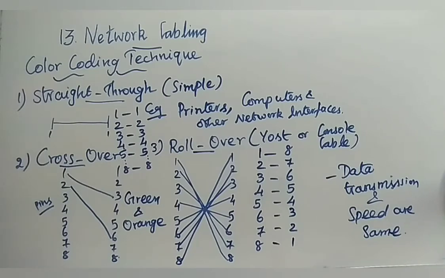And the third one is your rollover. It is also called a Yost cable or console cable. Here the configuration is very simple. The first pin is connected with the last pin in the next part. That is, pin 1 is connected with the 8th pin, pin 2 with the 7th, and it goes on like that.